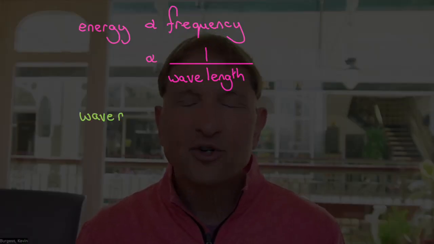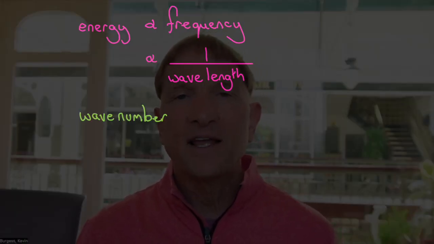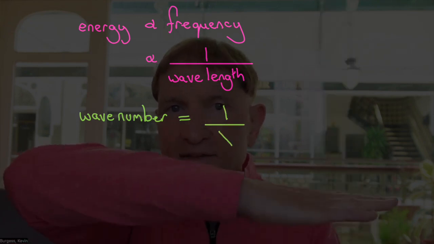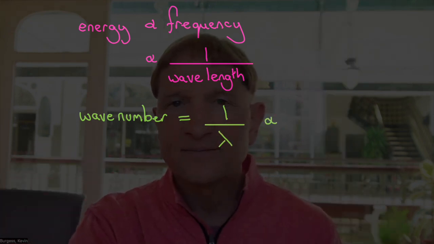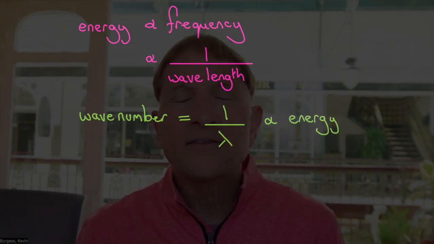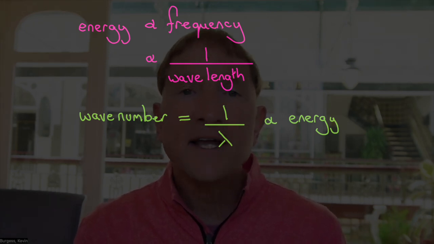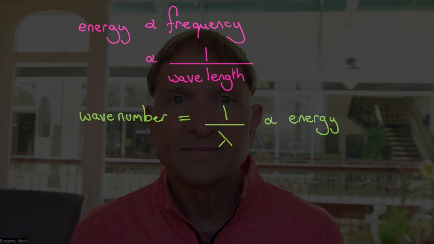In IR spectroscopy, absorbance on the y-axis is plotted relative to 1 over wavelength on the x-axis. Reciprocal wavelength is called wave number, and its units are centimeters to the -1.